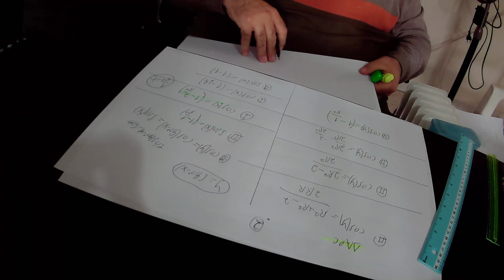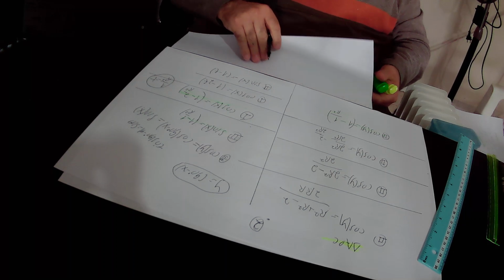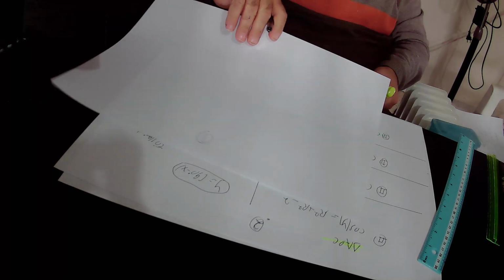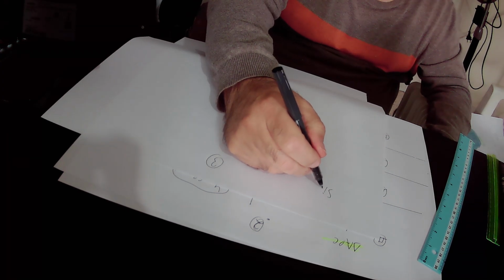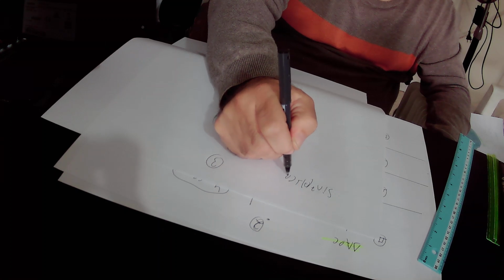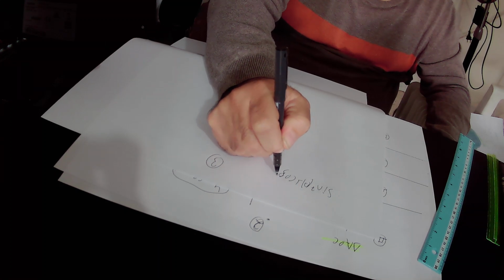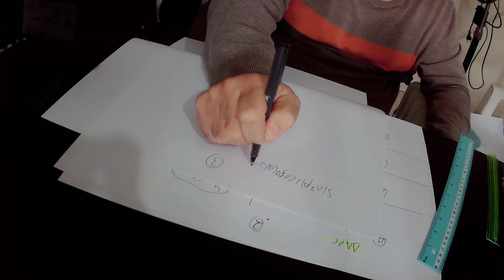In the next step, we'll use the trigonometric identity that sine squared theta plus cosine squared theta equals 1.